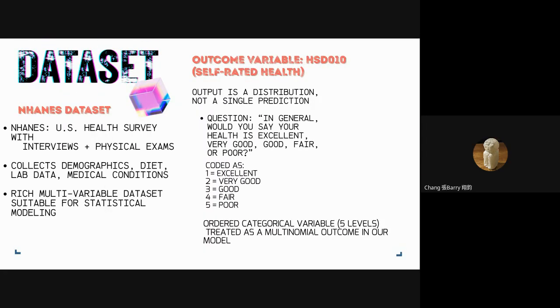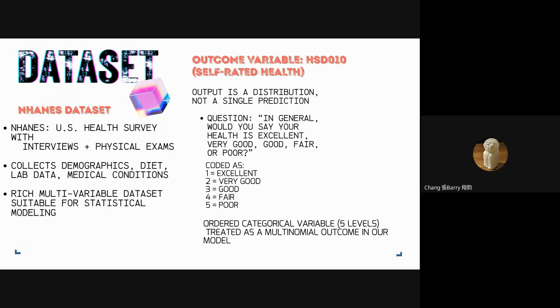Hello? Can you hear me? Yep. Okay. So for this project, we use data from NHANES, the National Health and Nutrition Examination Survey. NHANES is a large ongoing US survey that combines interviews with physical exams.